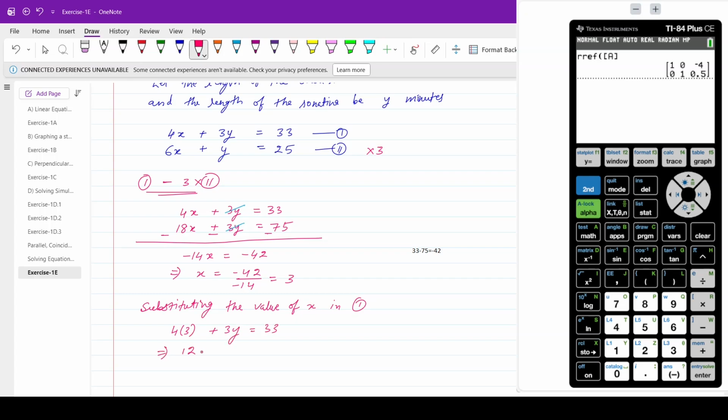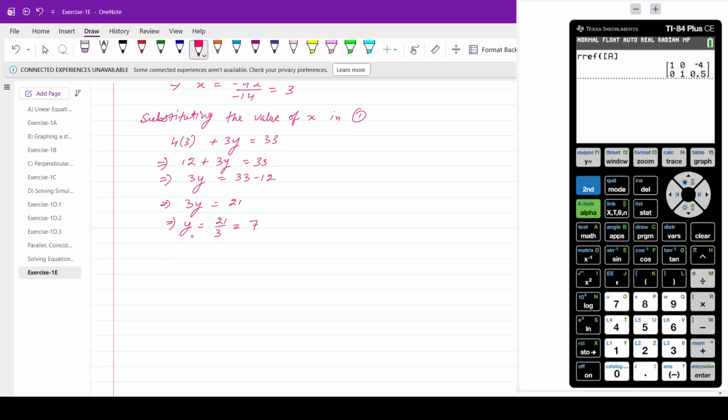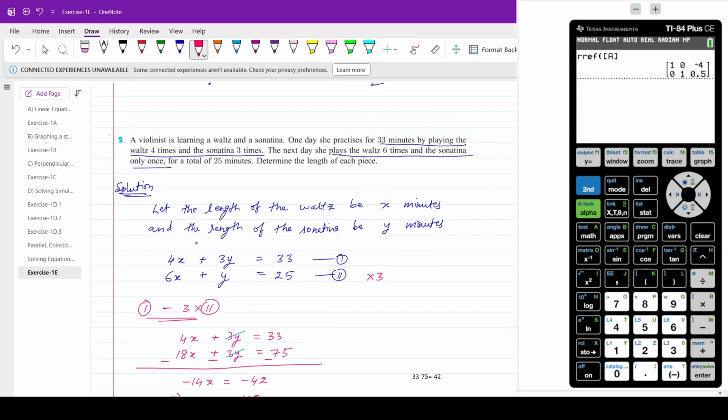That will be 12 plus 3y is equal to 33. 3y is equal to 33 minus 12. So 3y is equal to 21, and y is equal to 21 divided by 3, that is 7. So we have our answer.